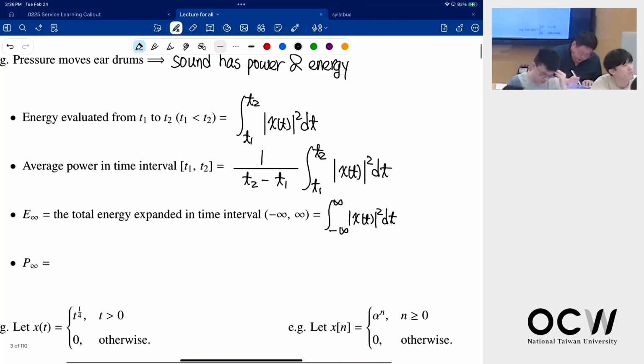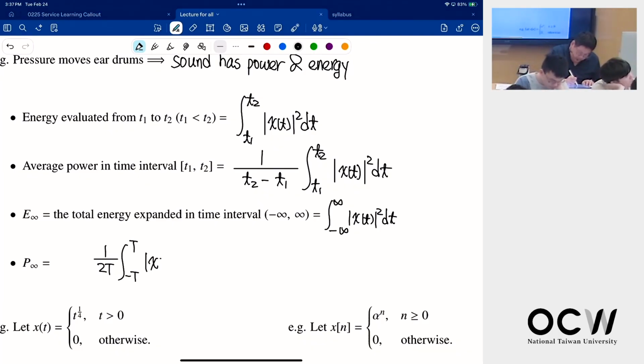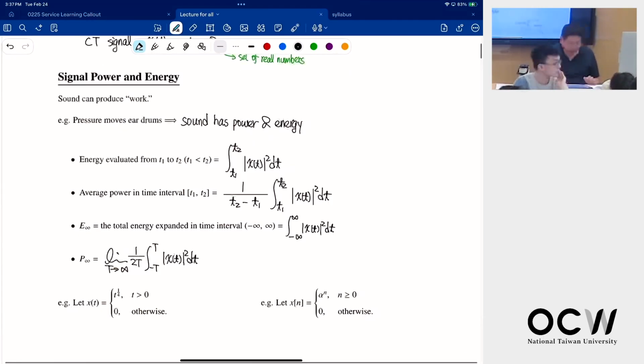So 1 over 2T, integral from minus T to T. And with that, T goes to infinity. That will be your power. And this is for the continuous time system.